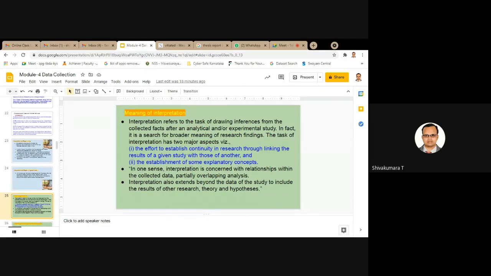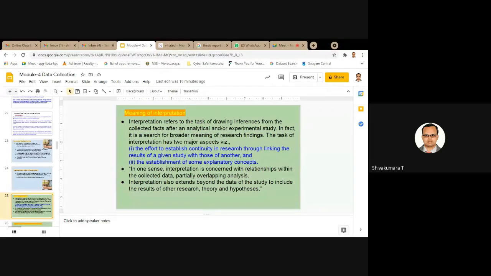So similar work carried out by researchers can be compared for improvement or significant improvements in their research work. So in the interpretation portion, you are going to establish a continuity in research through linking the results of a given study with those of another.